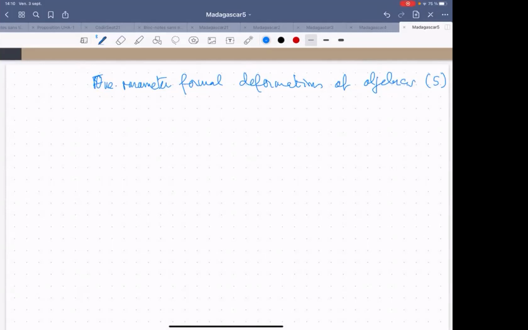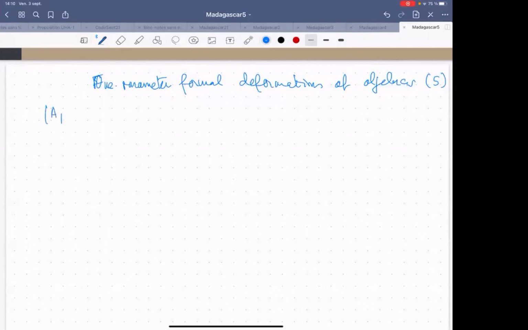We worked out the formal deformations of associative algebra, and I told you that it will work with various algebraic structures, if you have a good cohomology which fits with these deformations. Then we made a connection between the formal deformations.